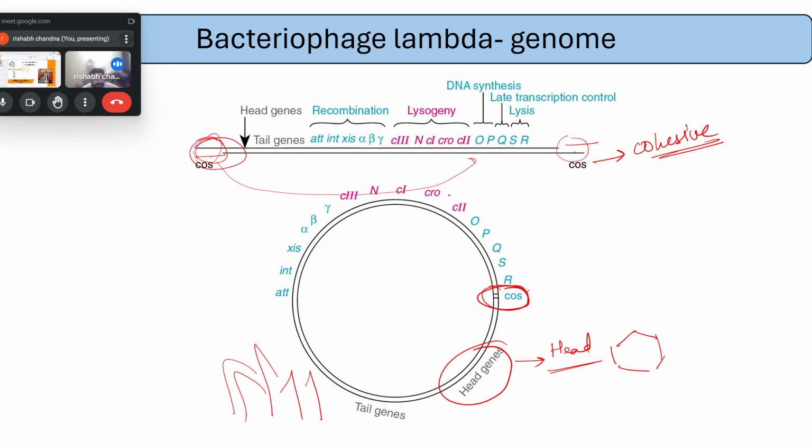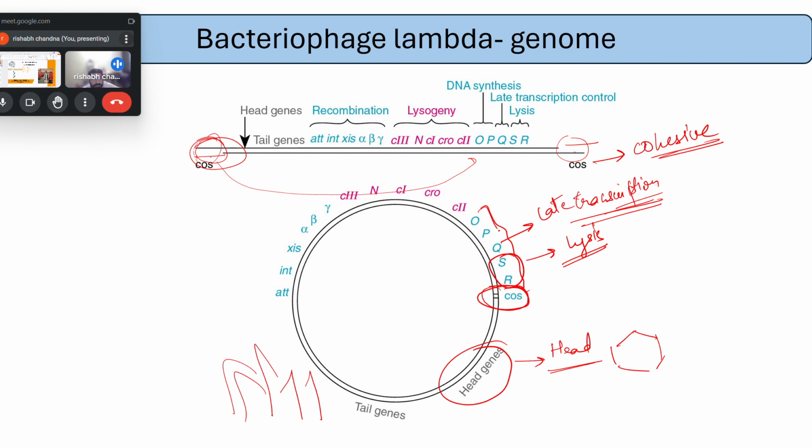Now comes the various genes. These particular genes, okay, S and R are involved in lysis. Okay, Q is basically involved in late transcription. That means the proteins involved in synthesis of all these genes. So late transcription means that.